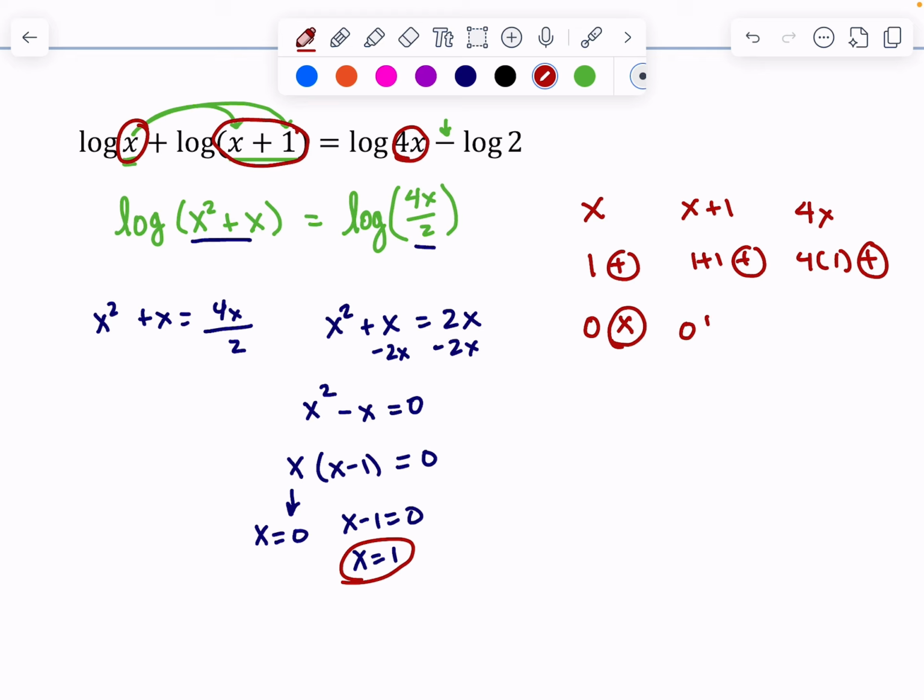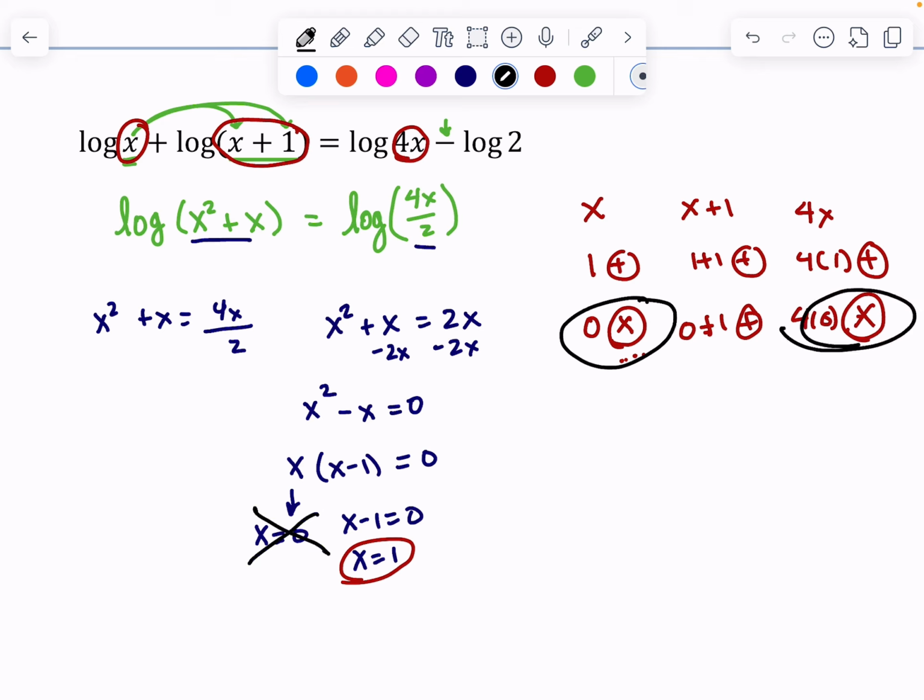So even though here if I put it in, 0 plus 1 is positive, because it did not work for this one, also 4 times 0 is equal to 0, I'm going to make that an x. Because it does not work here and it does not work here, it does not work. So x equals 0 would be our extraneous solution. x equals 1 would actually be our solution.